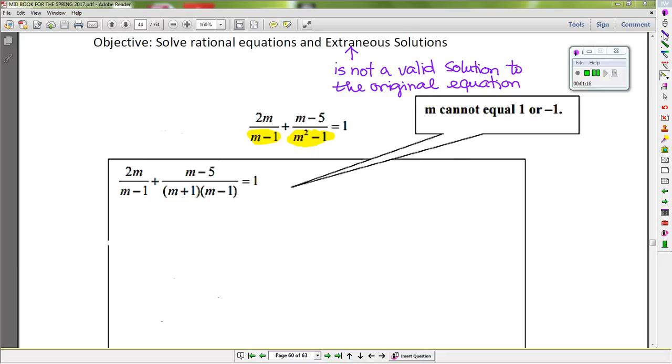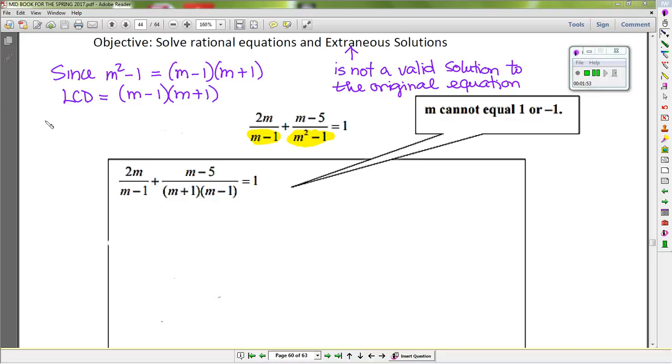domain. But before we find the domain, let me look for the least common denominator. Since m squared minus 1 can be factored as m minus 1 times m plus 1, and we do have m minus 1 here, our LCD is the product of the common factor, m minus 1, and the non-common factor, m plus 1.